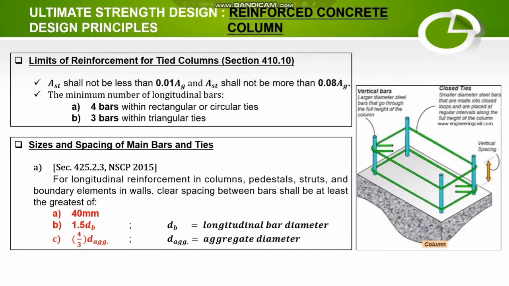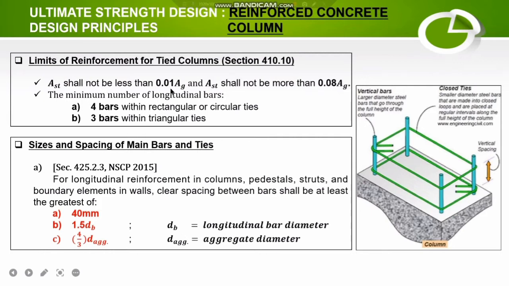Another design principle to note in the design: limits of reinforcement for tied columns, according to Section 410.10. Ast shall not be less than 0.01 Ag and Ast shall not be more than 0.08 of Ag.